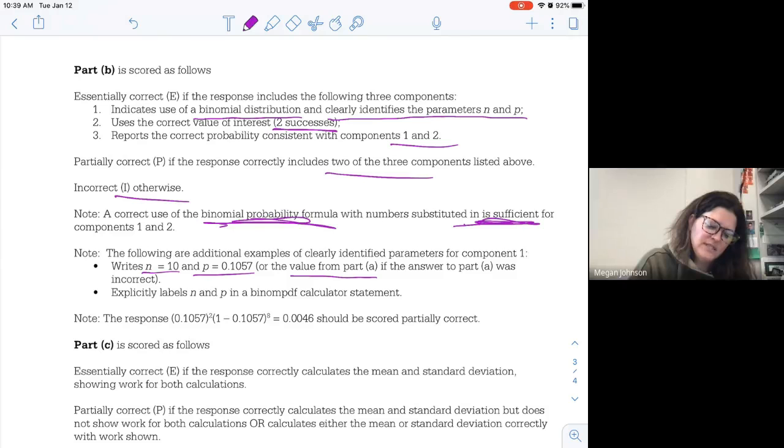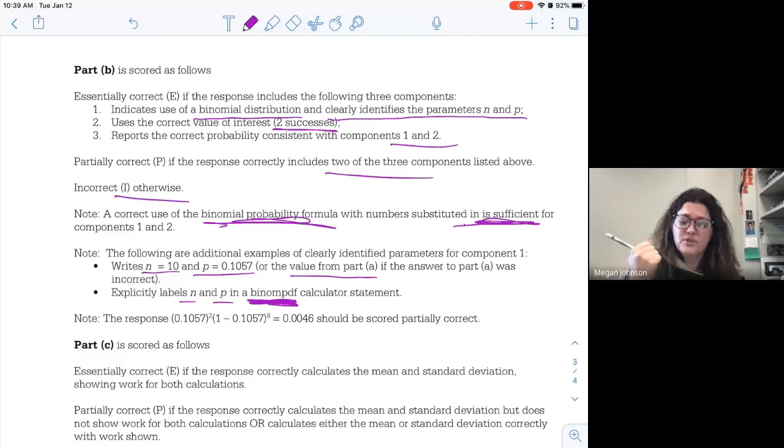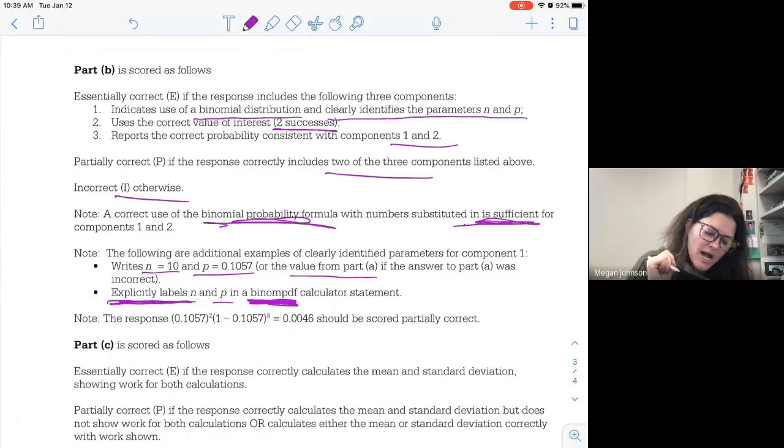And then explicitly labels n and p in the binom CDF. So there again, they're telling you it's okay to use your calculator, and it's okay to tell us that you use your calculator as long as you explicitly label. Okay. And then it says the response 0.10575 to the second power, and then times 1 minus, and so on, is scored as partially correct.